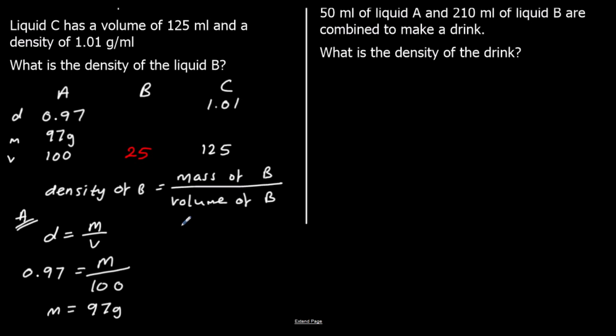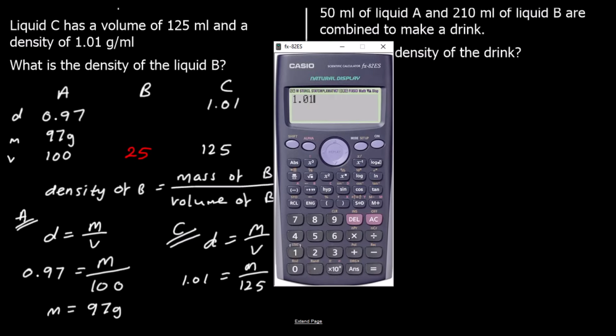For liquid C, density is mass over volume again. The density is 1.01. We're working out the mass, and the volume's 125. So 1.01 times 125 is 126.25.